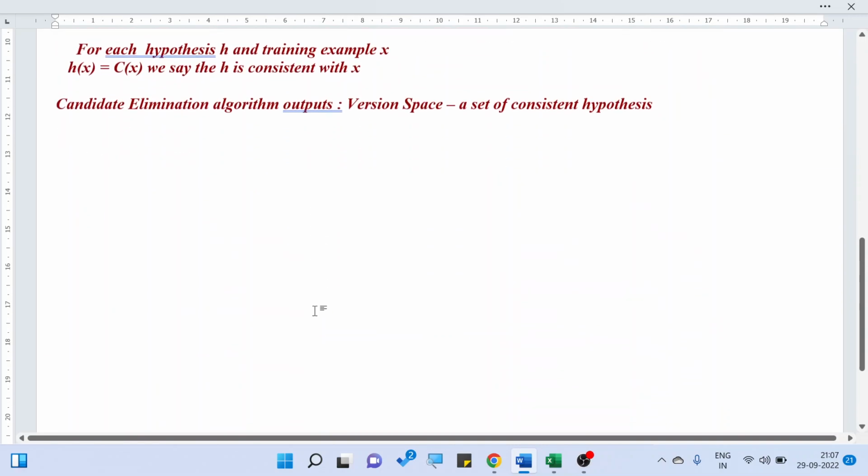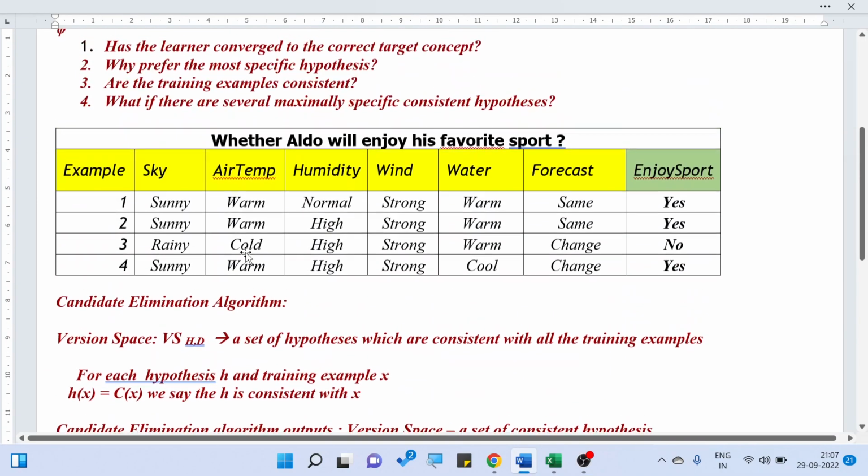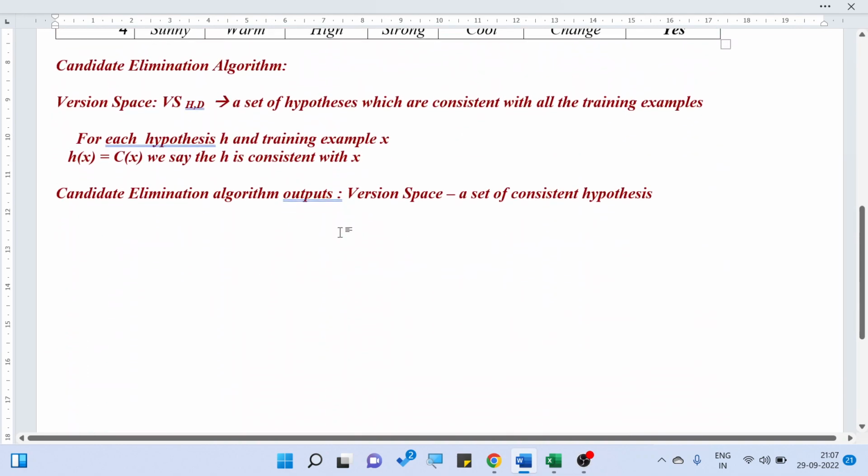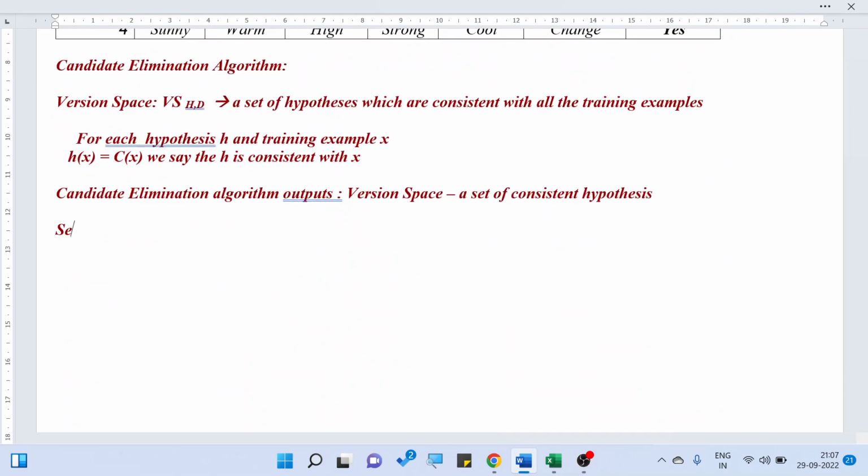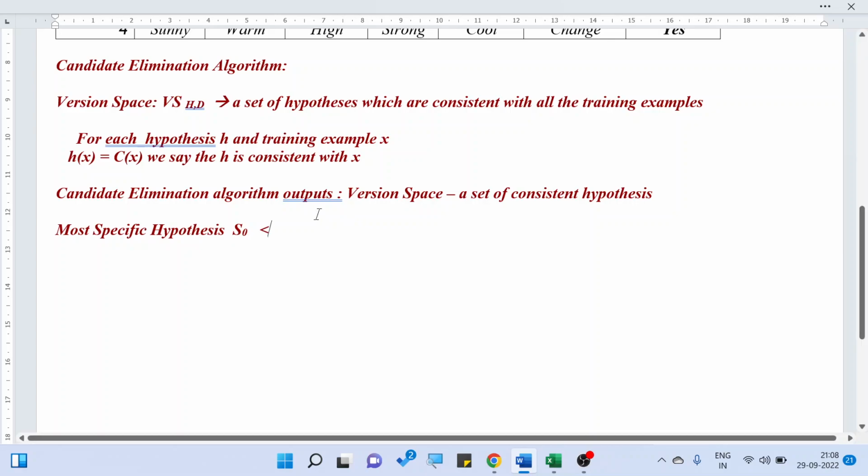Now we will start. There are 6 attributes. So here we are defining a boundary called the most specific hypothesis, which we call S0, which has 6 attributes.